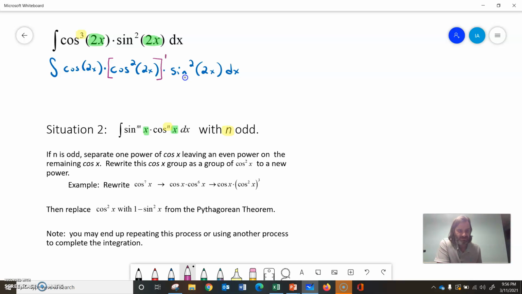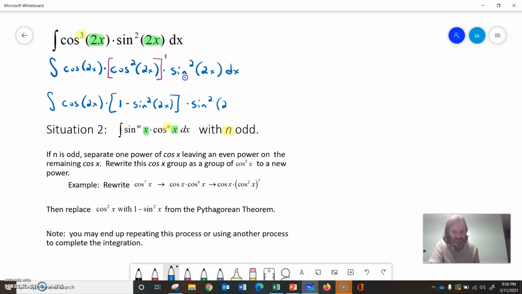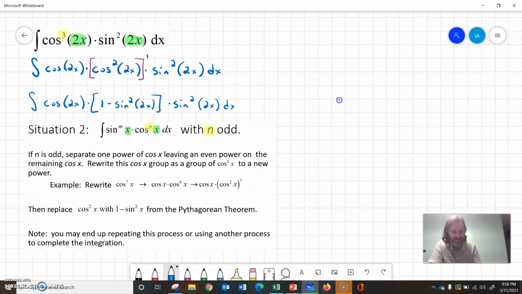So we separated the powers, and then we want them in groups of squares, so there's only one group of a square there. But we will replace that, and we'll have the integral of cosine 2x times 1 minus the sine squared of 2x times the sine squared of 2x. And that's quite a bit.